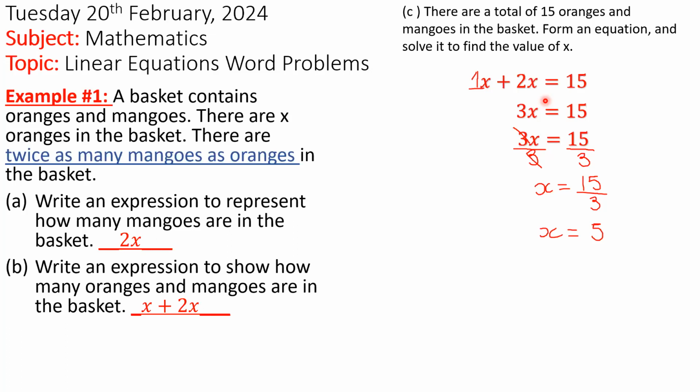Then you put 3x over 3 equals 15 over 3. Then you cancel the two 3's out, which gives you x equals 15 over 3. And then you divide, which gives you x equals 5.